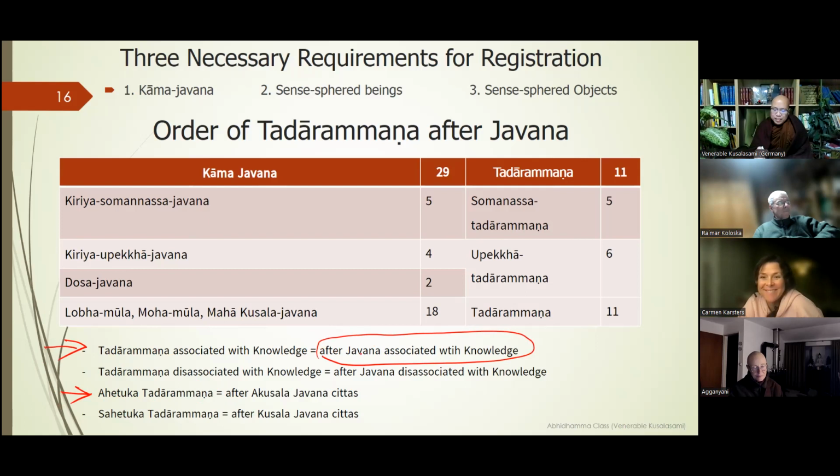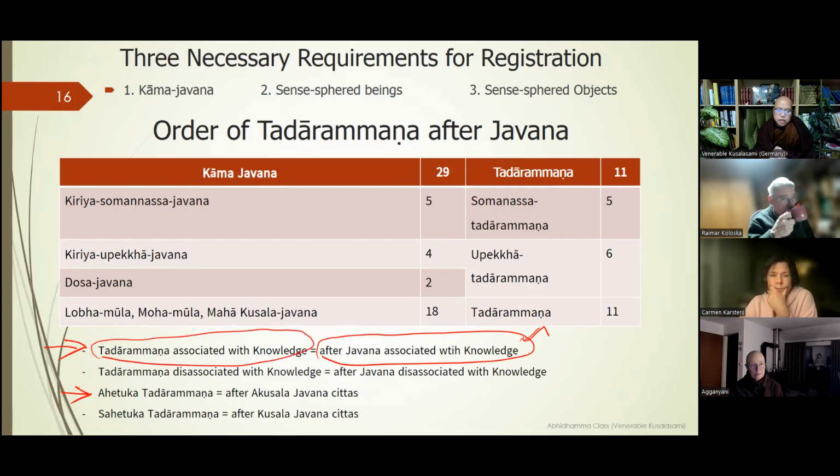If the Javana is a consciousness associated with knowledge, there are only 8 possible in the sense realm, not the rupavacara or arupavacara. It is 4 in the great wholesome and 4 in the great functional. So if one of the Javana associated with knowledge arises, after that the Tadaramana also must be associated with knowledge. So the possibility is 1 of 4.